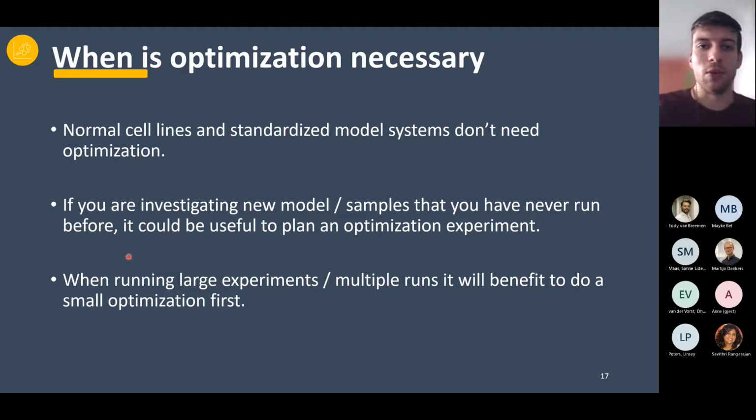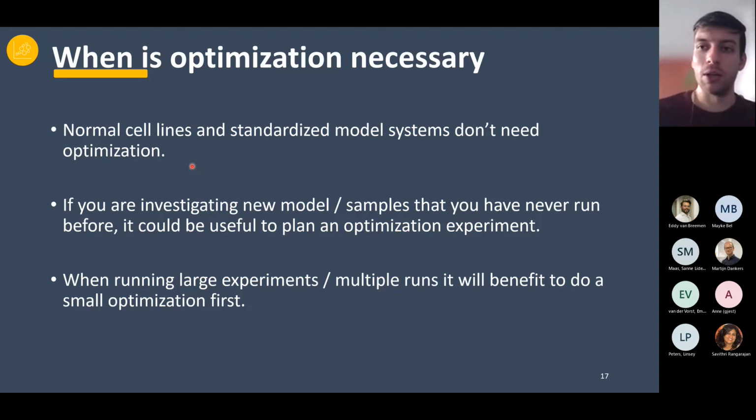So what you can consider is optimization in multiple conditions. In general, your household cell lines, so think of HeLa or HEK, or standardized model systems, so mouse or rat samples for instance, don't really need optimization. But if you're investigating a new model or new samples that you've never run before, it could be useful to plan an optimization experiment.